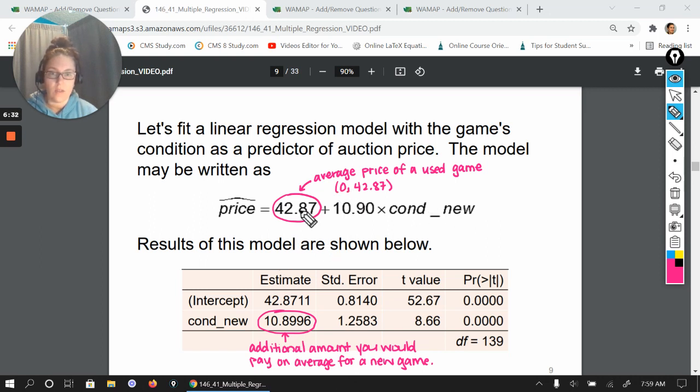Since it's 0, it's the price of a used game. If I added this number to my used game price, that would be the total price for purchasing a new game. So this is the additional amount you would have to pay on average for a new game.